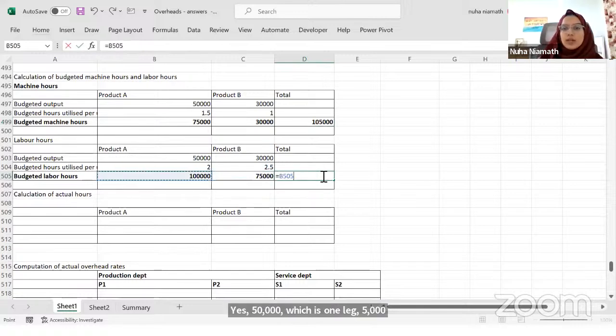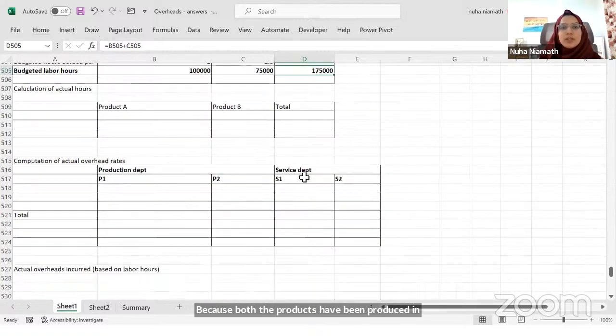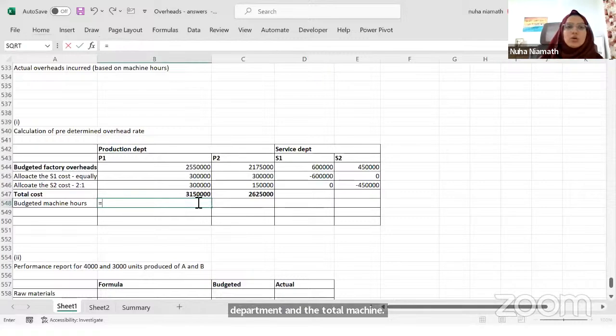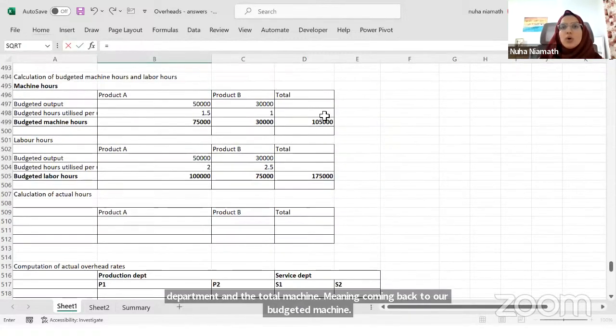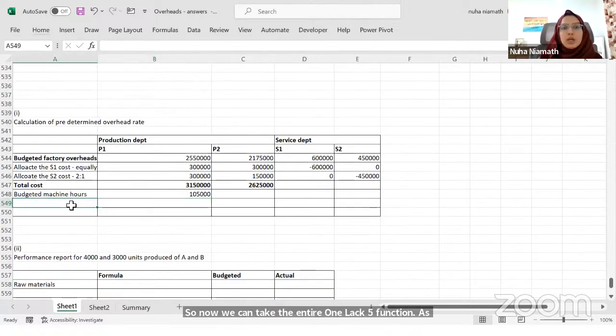Here we need 1 lakh plus 75,000 because both the products have been produced in that department, and the total machine hours is what we will be needing. So coming back to our budgeted machine hours, we can take the entire 1,05,000 as the base here. And for department 2, what will it be?